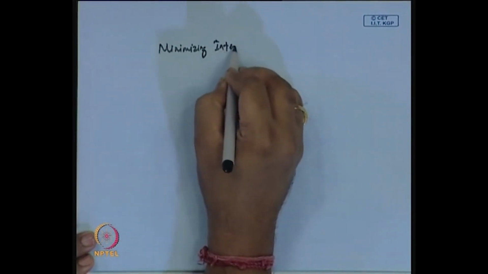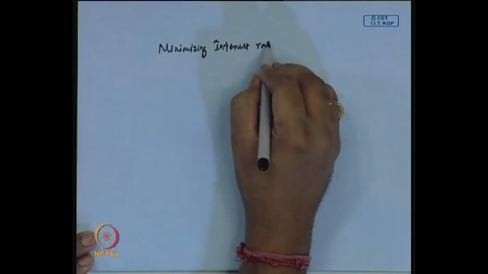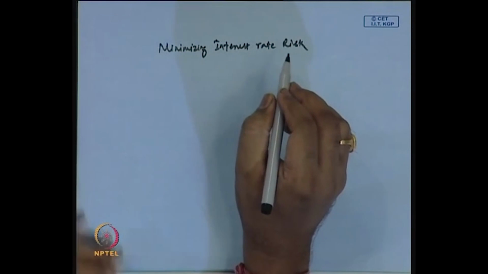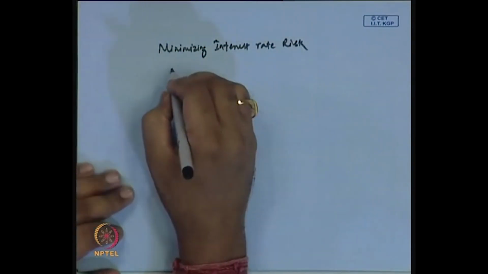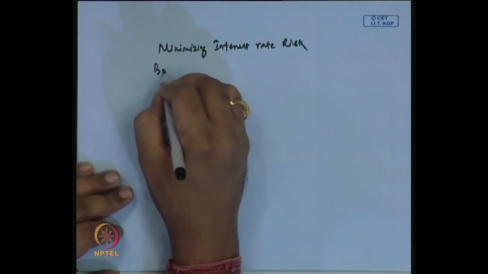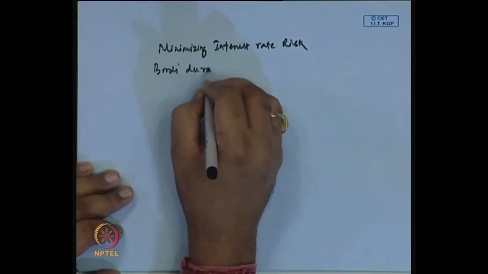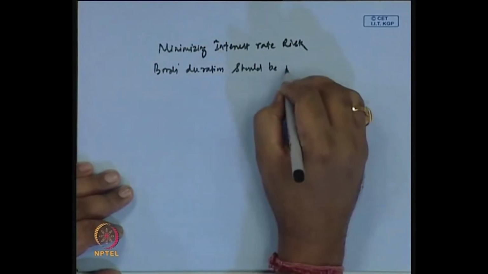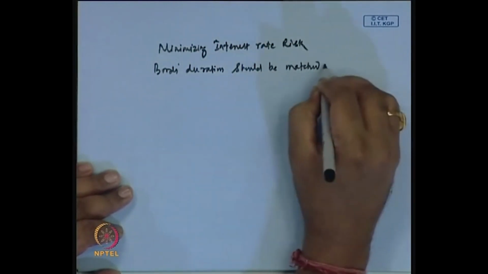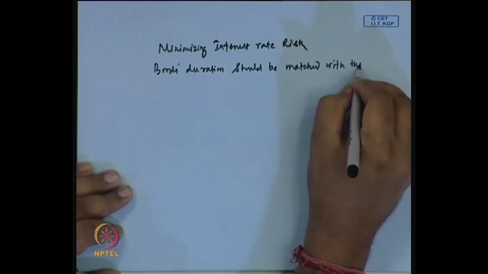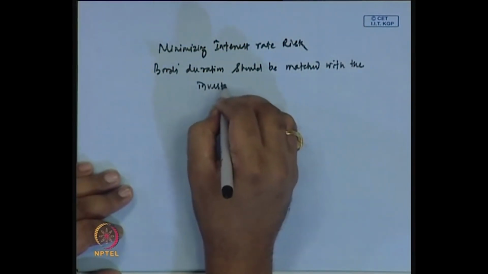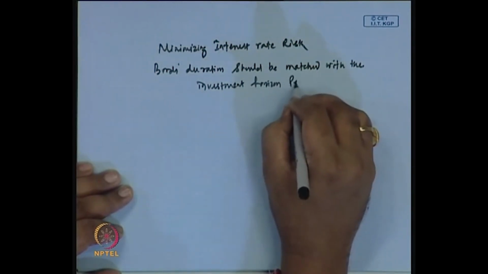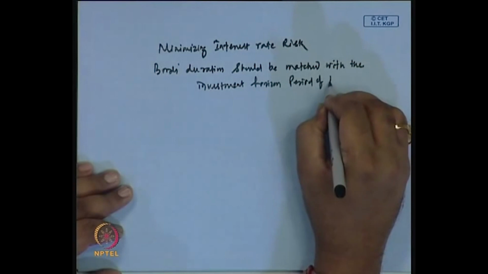The basic objective of this immunization strategy is that the bond's duration should be matched with the investment horizon period of the investor.